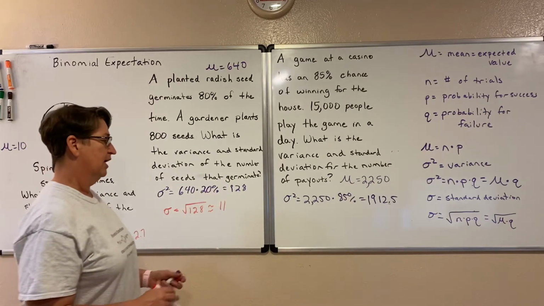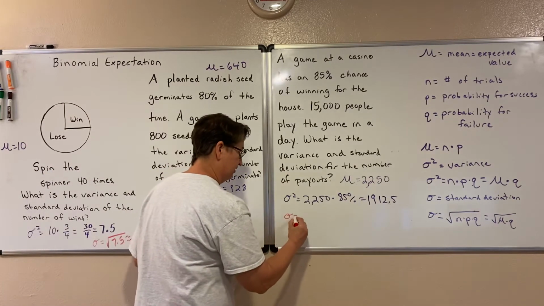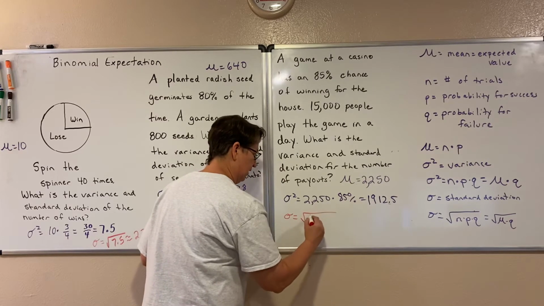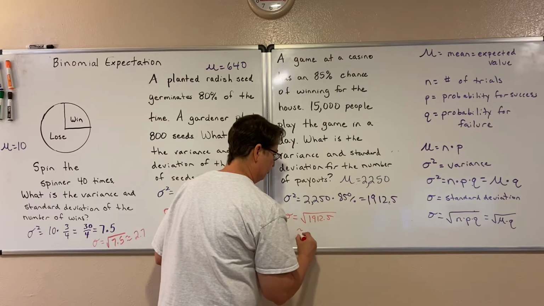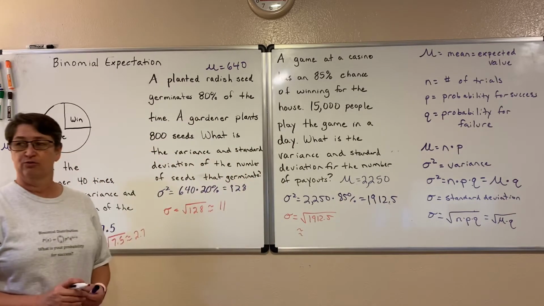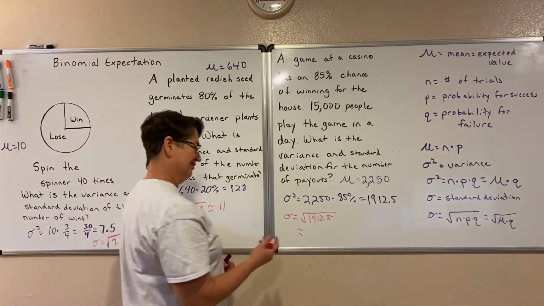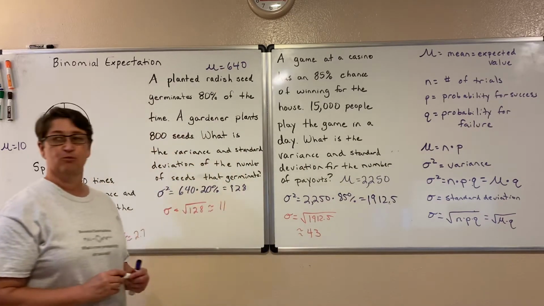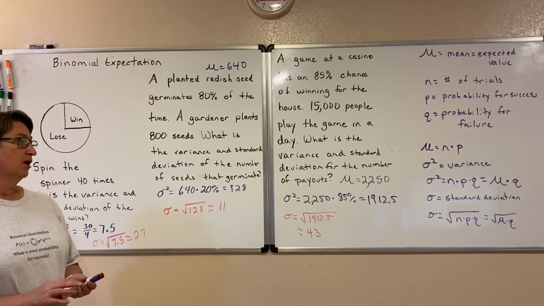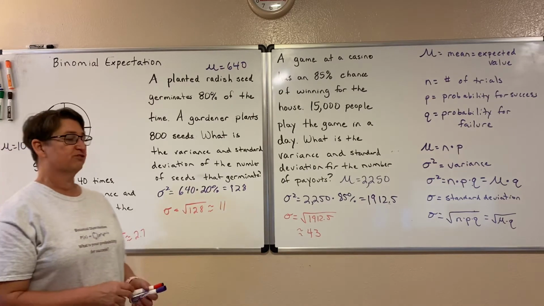And then here, the standard deviation is just the square root of that 1912.5. That's approximately 43-ish, a little bit more maybe than 43. So those are the standard deviations.